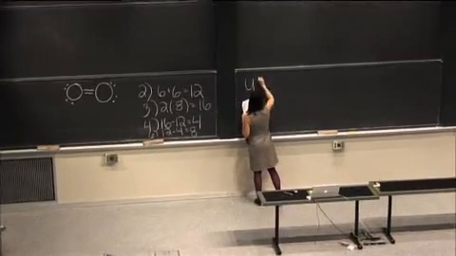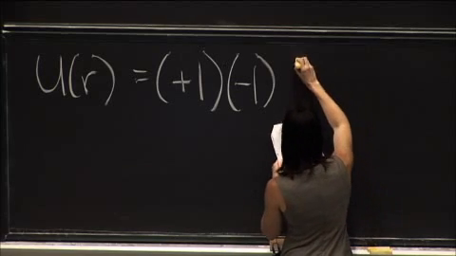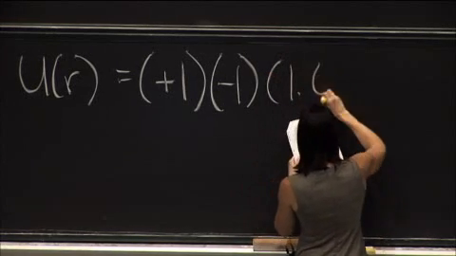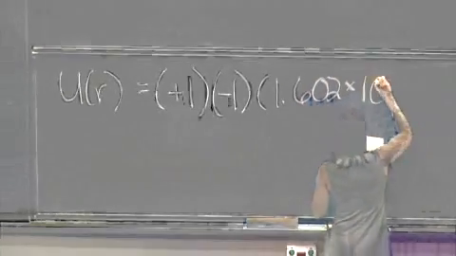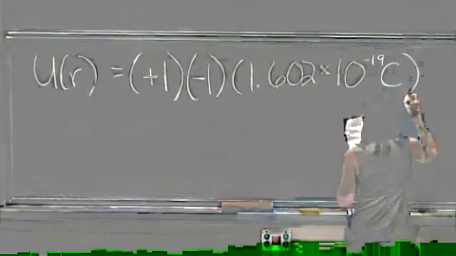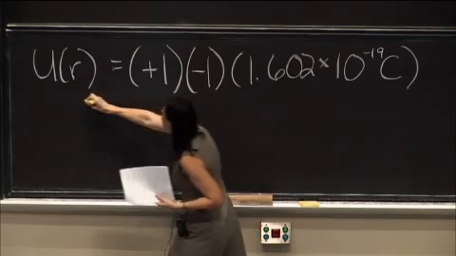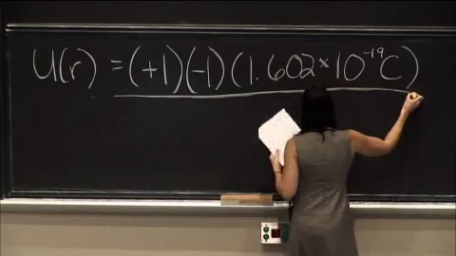So if we talk about the energy of attraction, we need to multiply plus 1, that's the charge on the sodium, times minus 1, the charge on the chlorine, times the charge on an electron, 1.602 times 10 to the negative 19 coulombs. And that's all divided by 4 pi. And then I've written out epsilon naught in your notes, so I won't write it on the board.